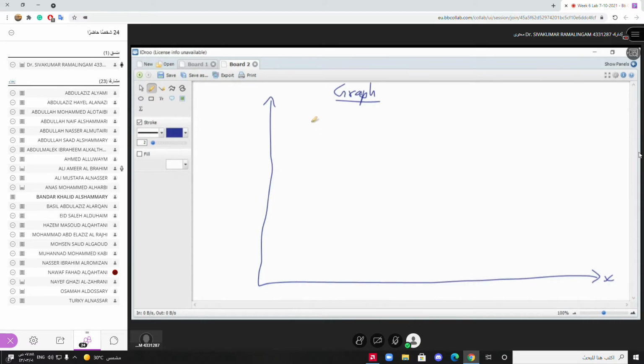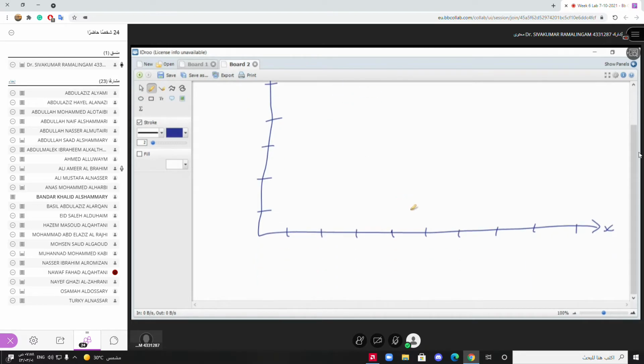This is x. This is y. You know the bigger boxes in the x direction, and also you have in the y direction. First, you should write the quantities. What you are going to take along the x-axis?